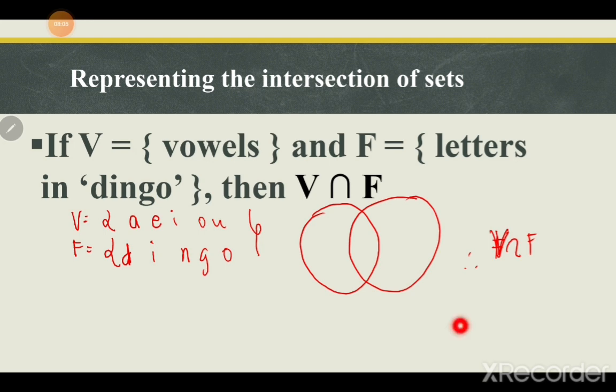We have I and O. So, that is our intersection. So, ilalagay natin A, E, I, O, U, and then D and G. This means that this will be the intersection of your vowels and your letters in the word dingo. Right?